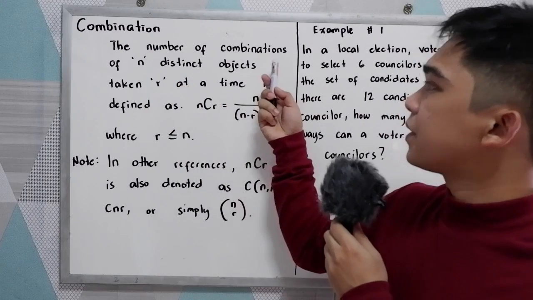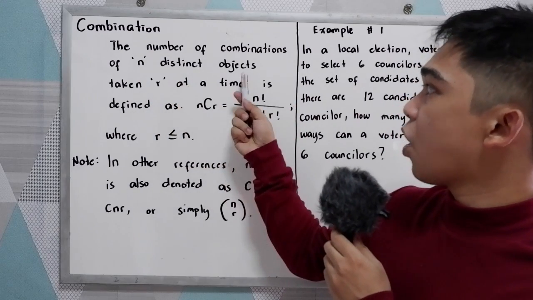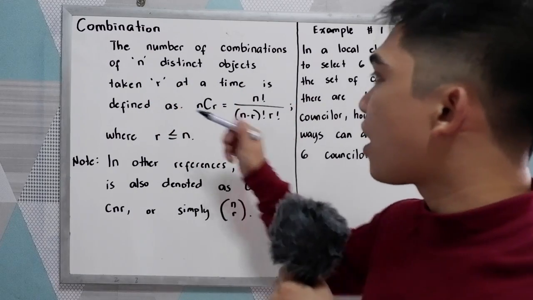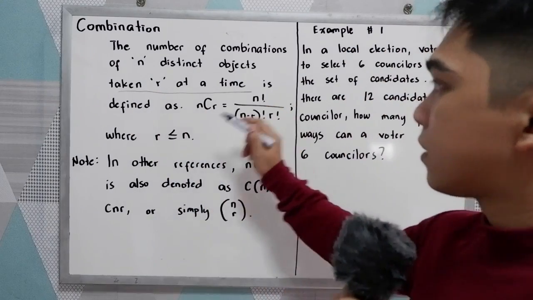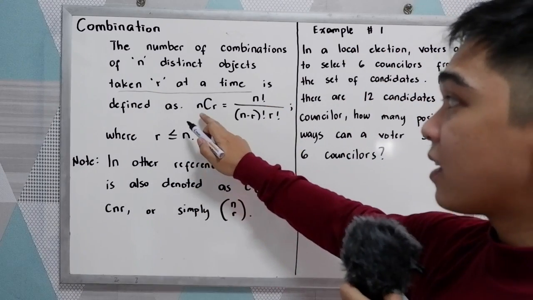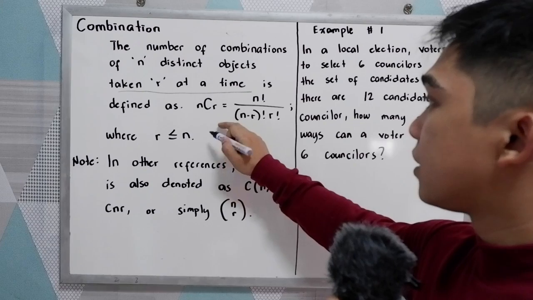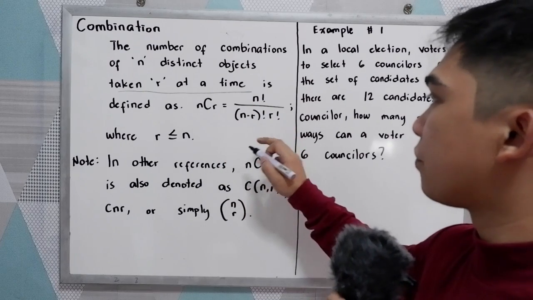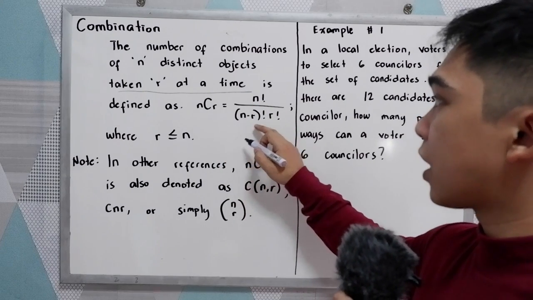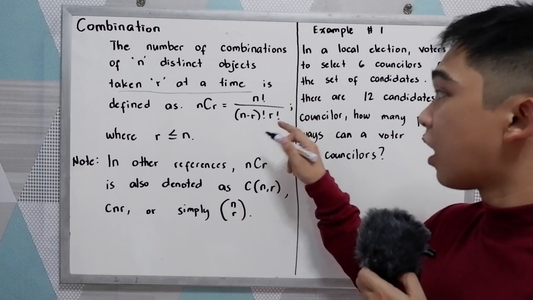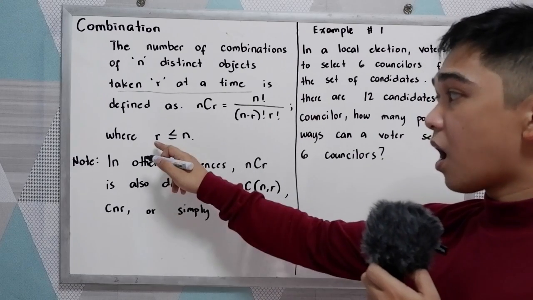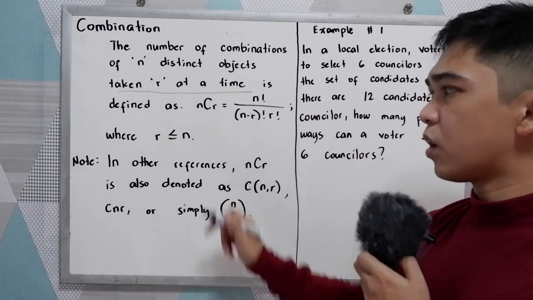The number of combinations of n distinct objects taken r at a time is defined as nCr is equal to n factorial over quantity n minus r factorial times r factorial, where r is less than or equal to n.